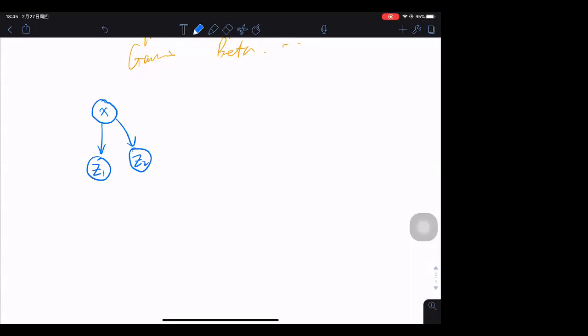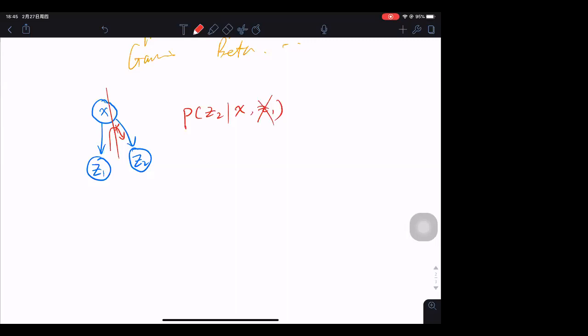The information cannot pass through, because it will be stopped by this X. That means the probability of Z2 given X and Z1, actually you don't need the value of Z1, because you have the value of X already.